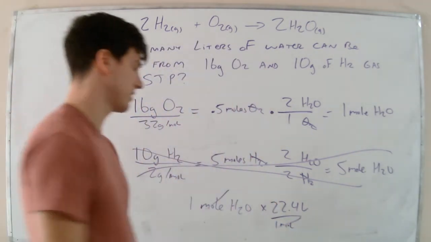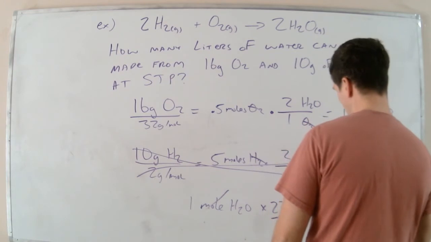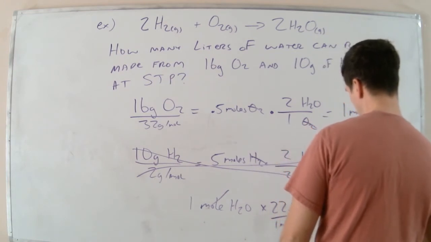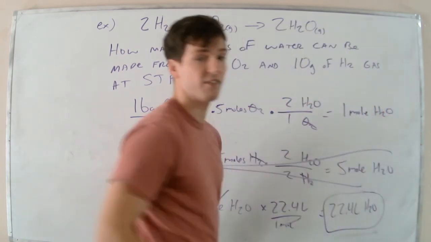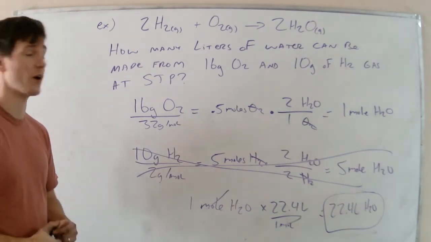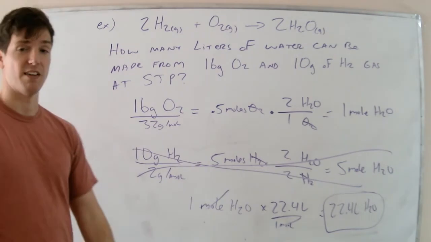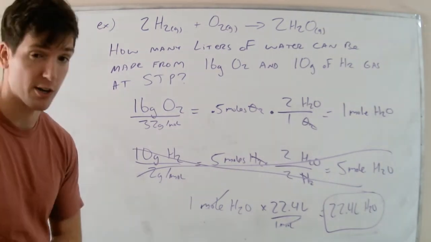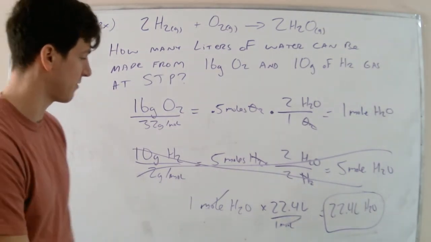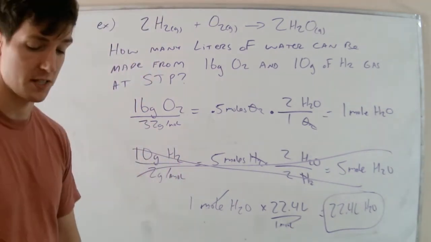So once again, we have 22.4 liters of H2O. If it wasn't at STP and they gave us a different pressure and a different temperature, we would have to do PV equals nRT.